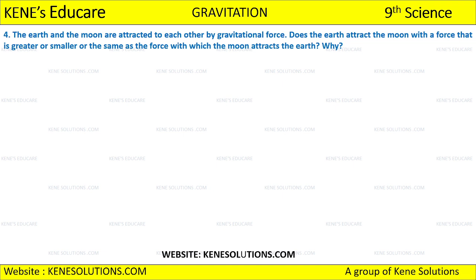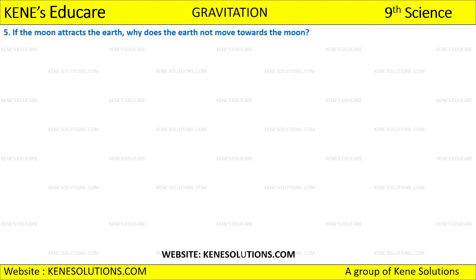Now if you go according to the universal law of gravitation, we have studied that two objects attract each other with equal force but in opposite direction. So the earth attracts the moon with an equal force with which the moon attracts the earth. So the force applied will be equal, but it is going to be opposite in direction. Okay.